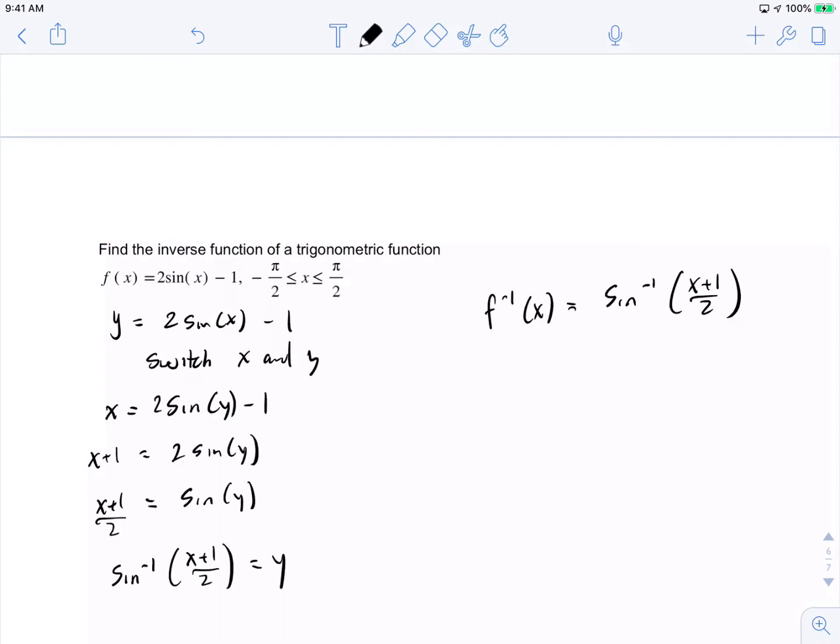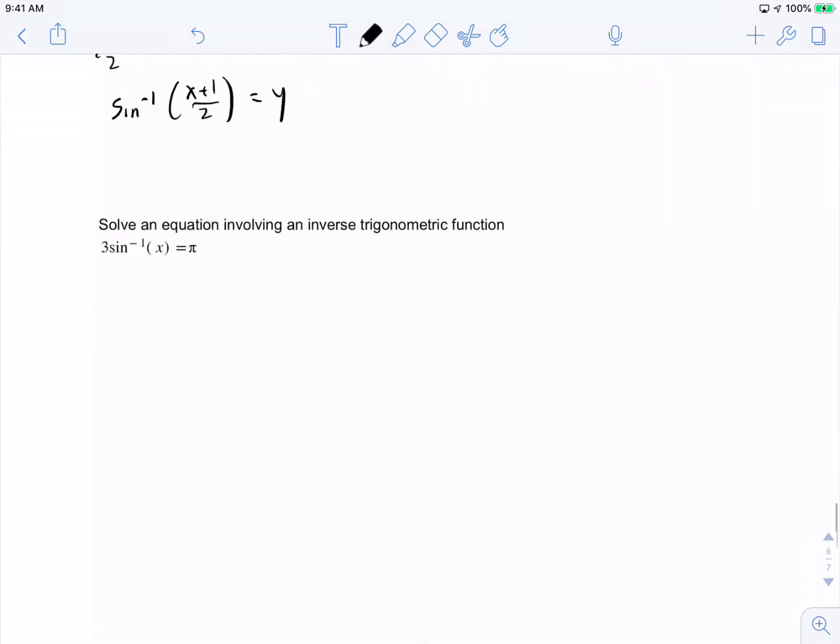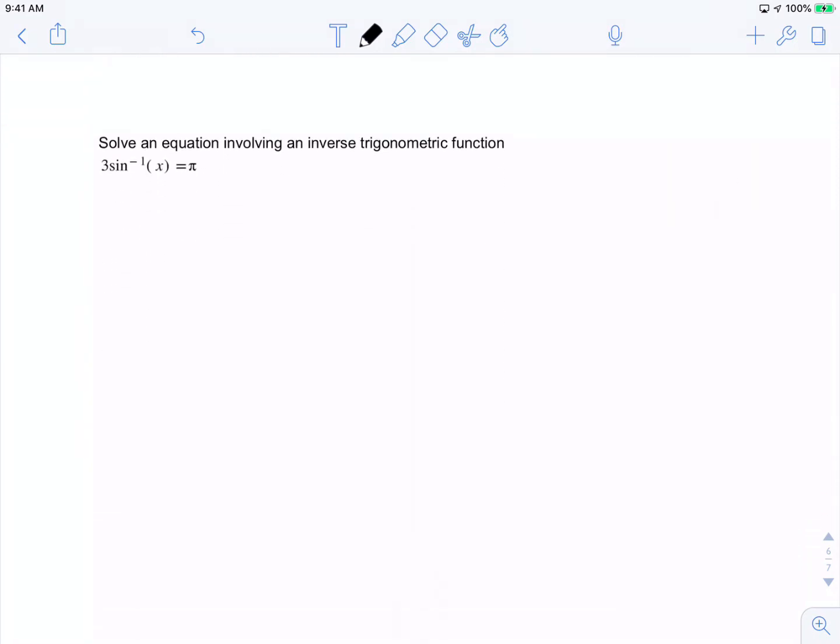Okay. One last example, and we'll have section 3.1 done. Now here we're going to find the inverse of this, so I'm going to solve. I have 3 sine inverse of x is equal to pi, and to get sine inverse alone I need to divide by 3. So sine inverse of x is equal to pi over 3.